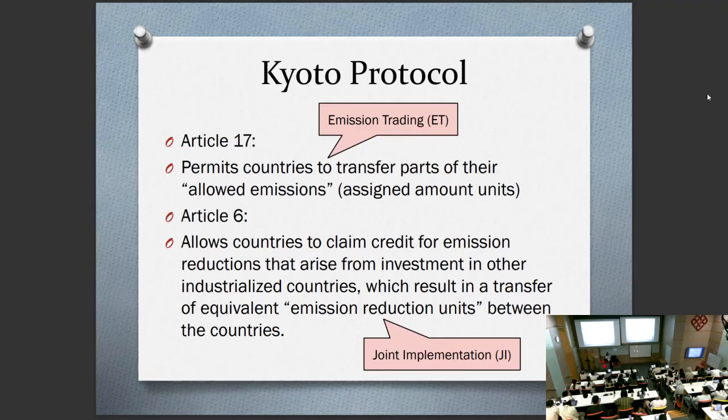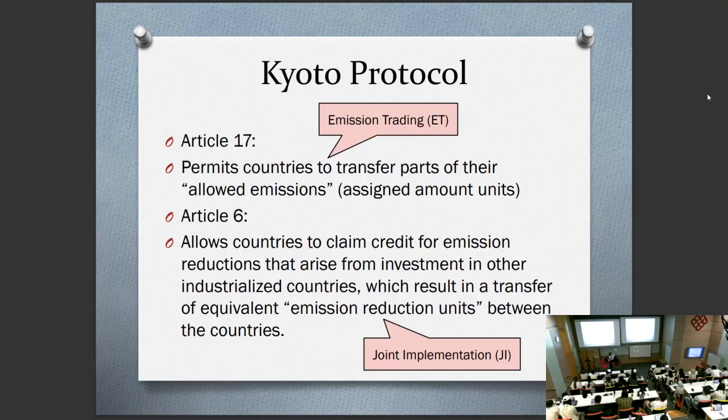They are emission trading, joint implementation, and clean development mechanism. Emission trading is to permit countries to transfer parts of their allowed emissions. I will explain what emission trading is very soon.